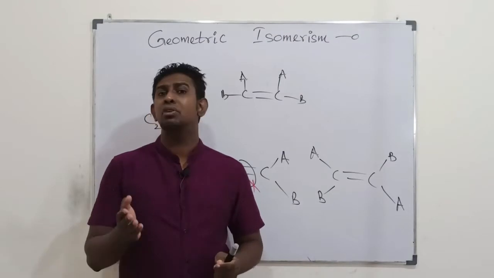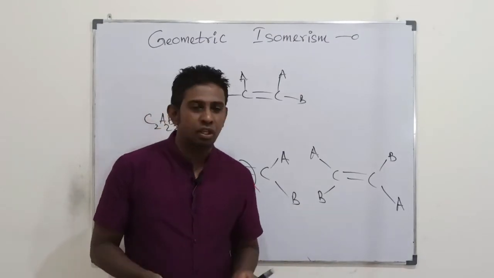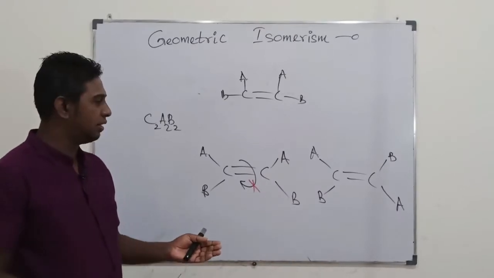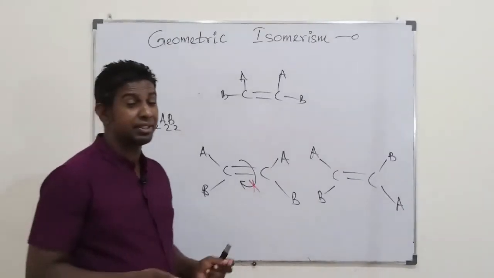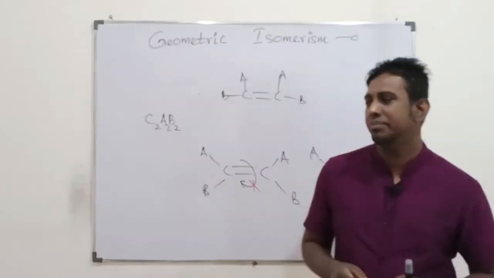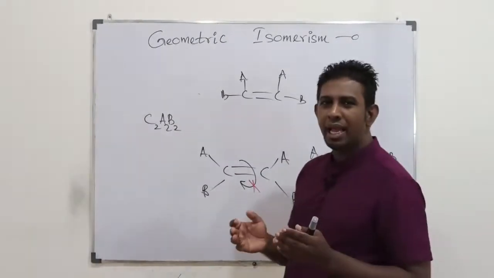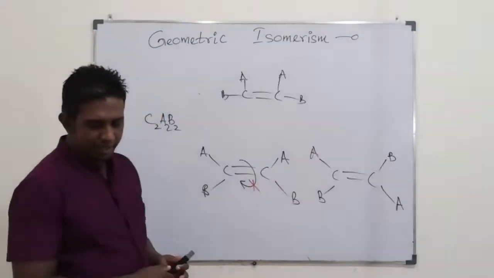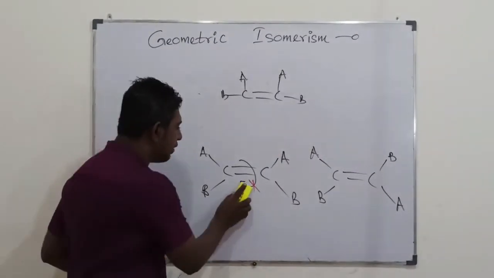Okay students, now the matter is how could we name those two different structures? They are called isomers, geometric isomers. How could we name them? Let me erase this now.